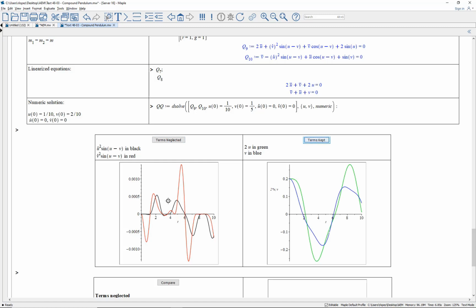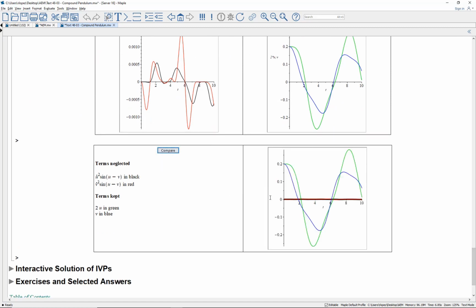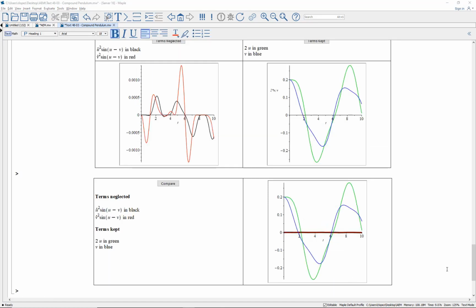A casual glance here confirms that those terms that we neglect are indeed small in comparison to the terms that are kept. Here's a graph where both of these are put on the same coordinate system, and this part here is virtually flat in comparison to the scale of the terms that are kept. You can do that with a tool like Maple, but you can't do that if you're just working with a pencil and paper.